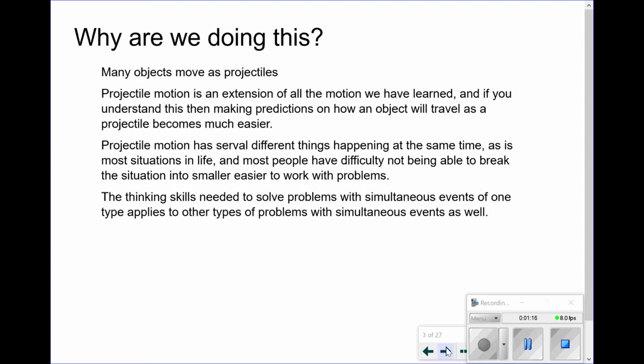So this is a skill that we will develop that will transition to problem solving for other real-life issues. The thinking skills needed to solve problems with simultaneous events of one type also apply to other types of problems that have many different things happening at the same time.